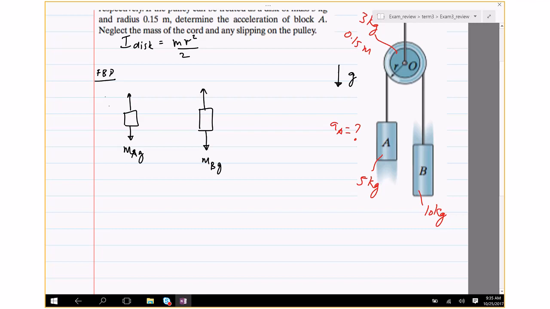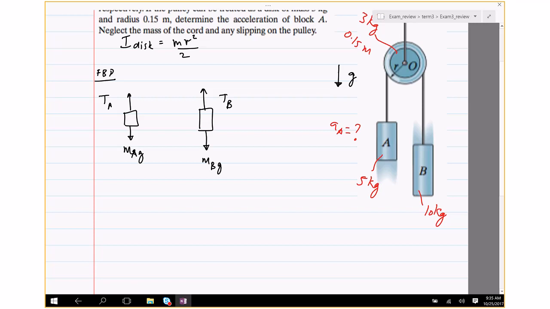Okay, now the tensions will not be the same. The tensions are the same if the pulley was massless. If the pulley has a mass, then the tensions will not be the same, because the net tension is causing the pulley to turn.